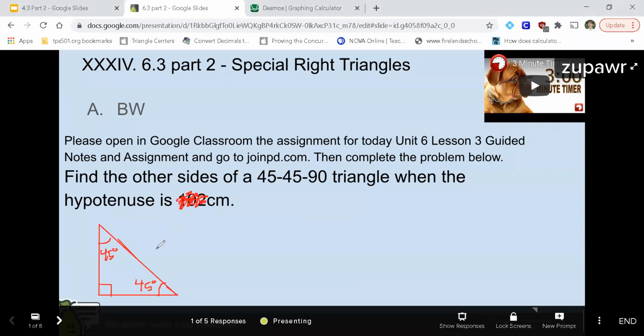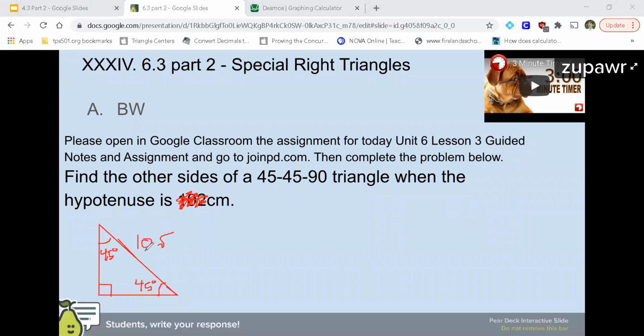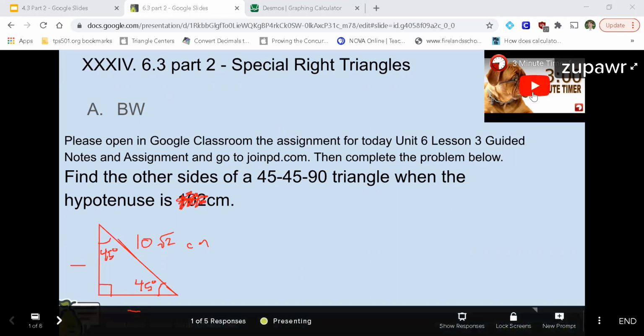All right. And we're told that the hypotenuse is 10 square roots of 2 centimeters. Left out the square root of 2 in there. So if the hypotenuse is 10 square roots of 2 centimeters, tell me what the length of the legs are. I'll give you 3 minutes, and then we'll go over it.